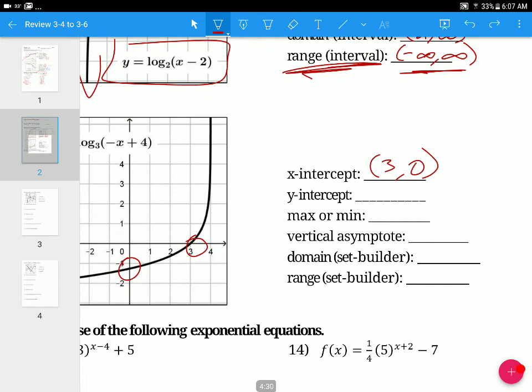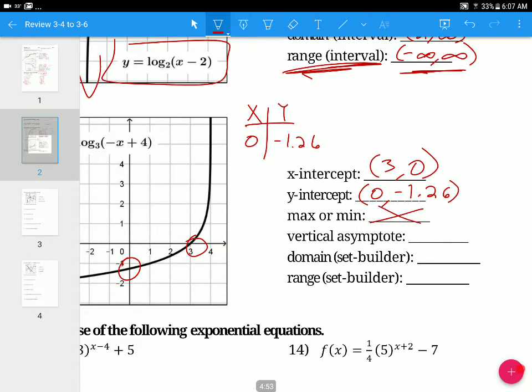But the y-intercept is at (0, -1.26). And again, you can just go to your table, find where x is 0, and it'll say y is negative 1.26. There you go. Your maximum again, there's no max or min.